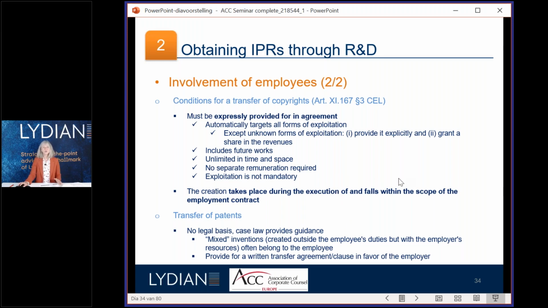case law, and usually it's the employee who owns the right if there is no specific transfer clause. And of course, there is always a discussion whether the invention falls within the task of the employee or not.